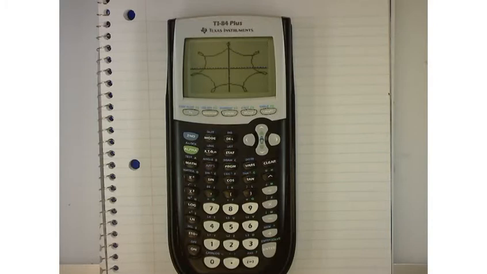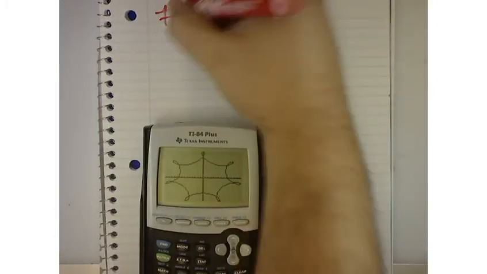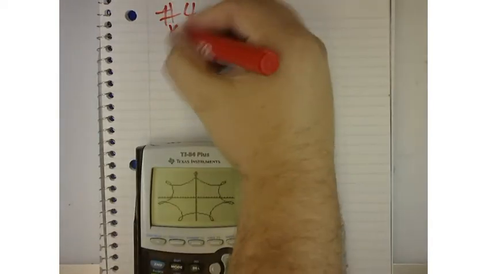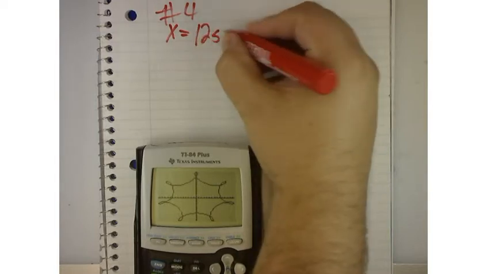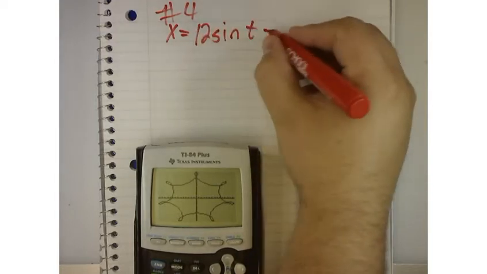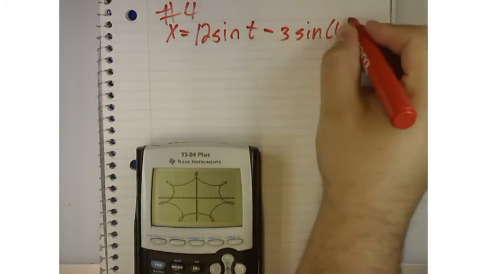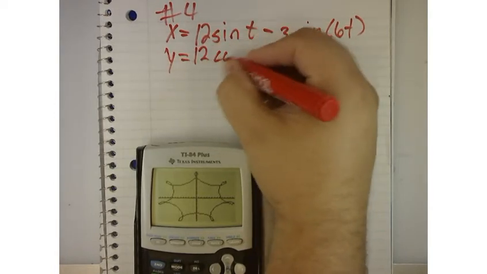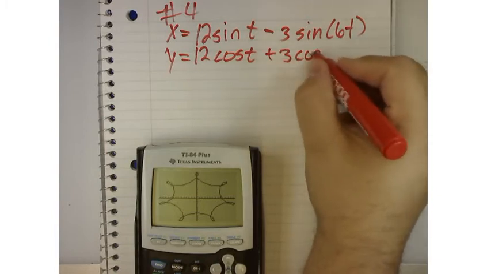The question for number 4, if you write it out of the textbook, gives you the parametric function of x equals 12 sine of t minus 3 sine of 6t, and y is equal to 12 cosine of t plus 3 cosine of 6t.